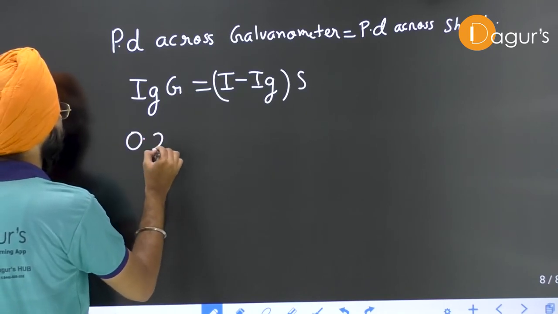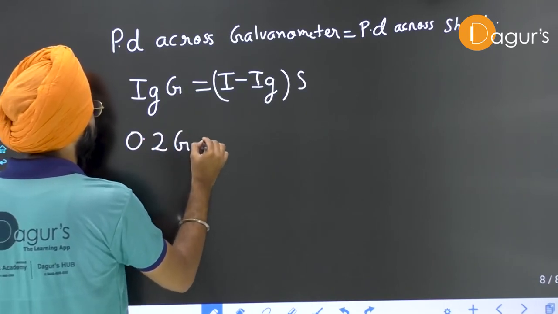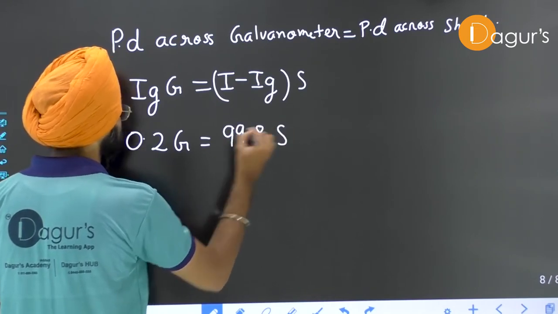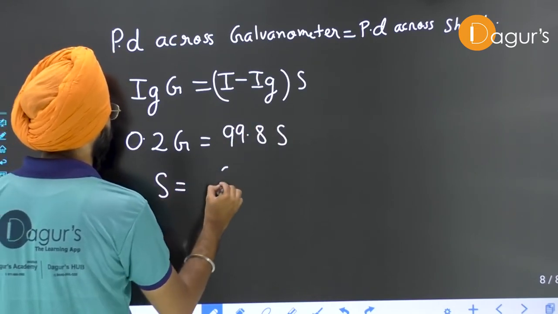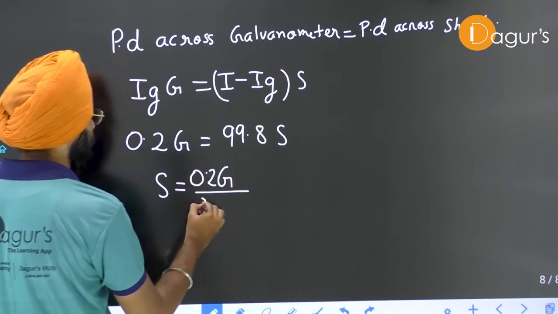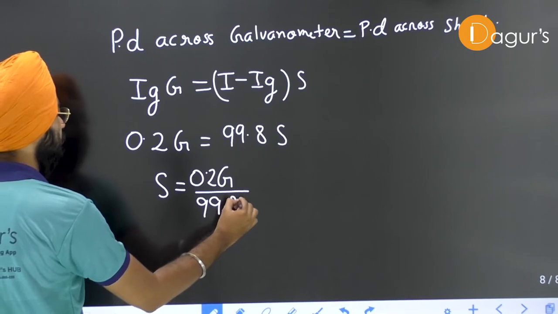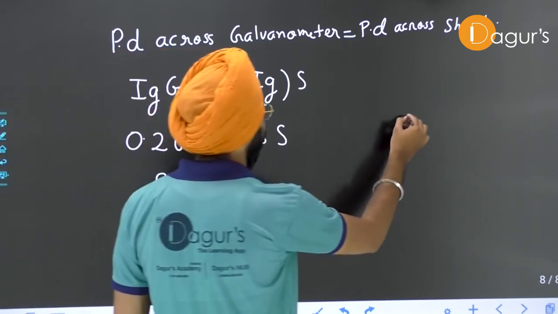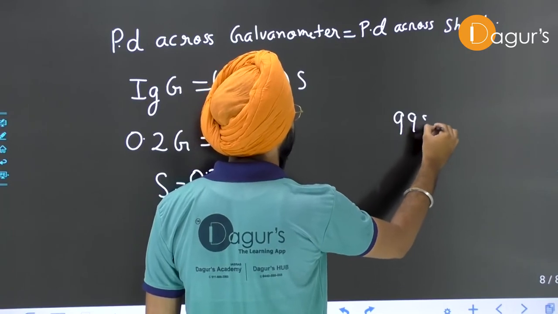Ig is 0.2 and G is G. I minus Ig we have got as 99.8, into S. So S is coming out to be 0.2 G upon 99.8, and I think it will be 499. Let's check it.